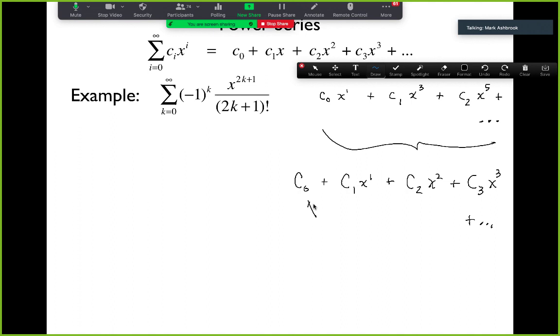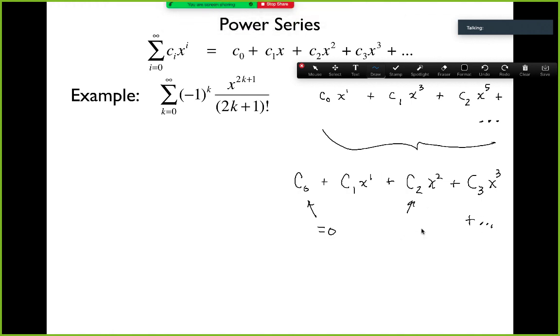And now all the even coefficients are 0 because we don't have an x squared, an x to the 4th, and x to the 6th. Right? And so then the x to the first power, this is really the coefficient for the x to the first. So we could write a new coefficient.